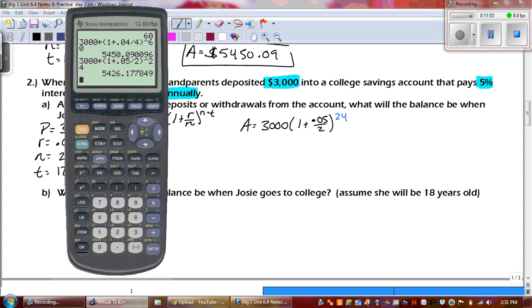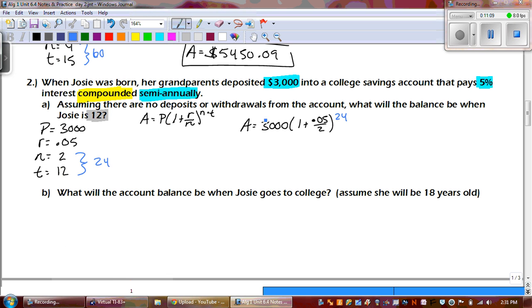Okay, and take a look. Do we have to round this one? 5 or more, raise the score. So our final answer, after 12 years, she will have $5,426.18.